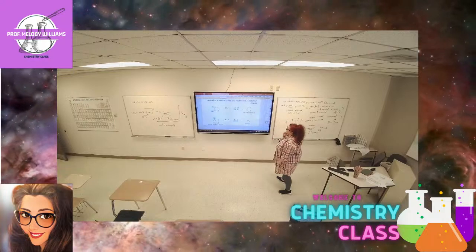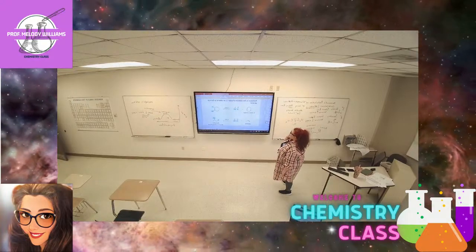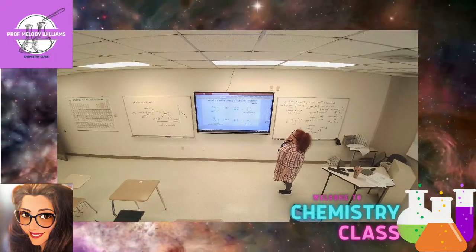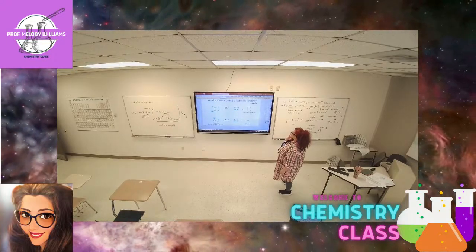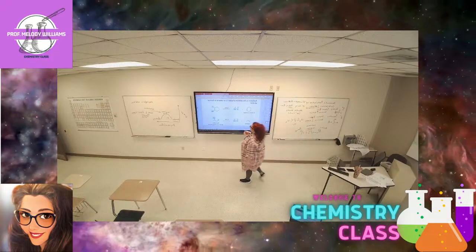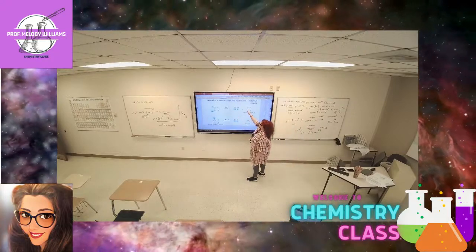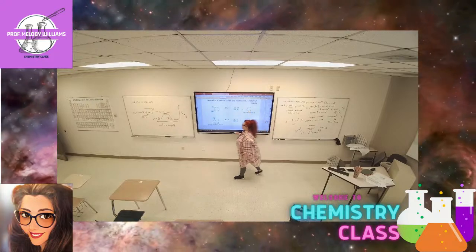Anytime we're doing a hydration reaction, we're adding water. Hydration is the addition of water to an alkene to form an alcohol. We do this in the presence of a strong acid, hydrogen one side, hydroxyl group on the other.